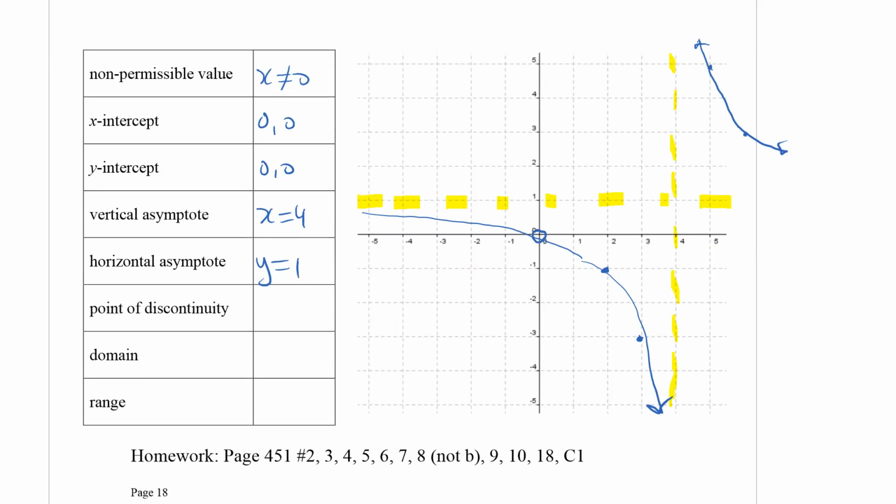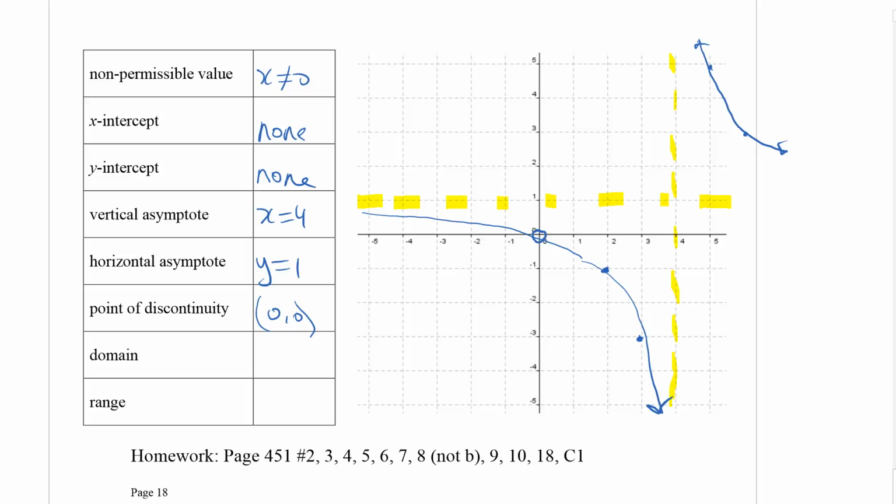The point of discontinuity, oh, but wait a minute, it does not actually hit the x-axis. So I kind of made a mistake here, didn't I? There's a hole right there, so it doesn't ever hit the x-axis or the y-axis. So I put none here. That's kind of cool, because that's a point of discontinuity. There's a hole right there.